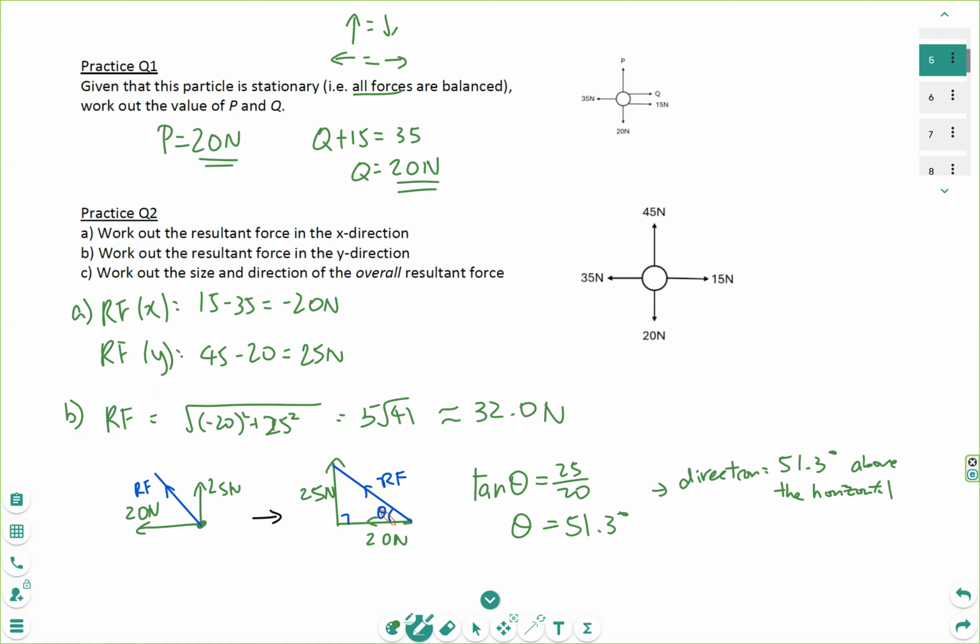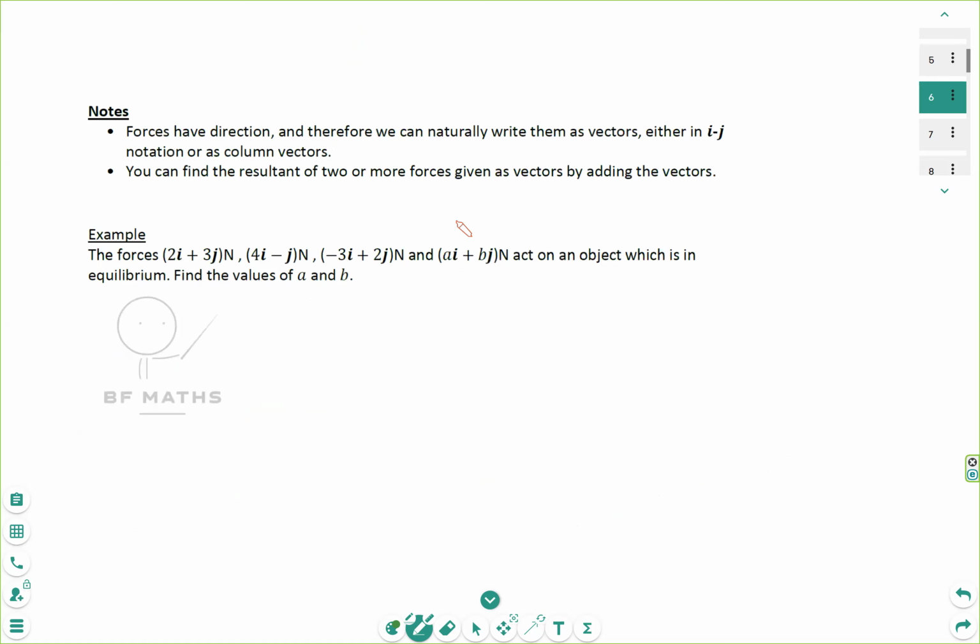If you're wondering why theta is here but not here, it's because it's easier to describe theta when it's connected to the x-axis. So 25, 20 with SOHCAHTOA, you get 51.3. To describe the direction, we say 51.3 degrees above the horizontal, because if that's the horizontal line, then the resultant force is going above it. Okay, right. So let's carry on.